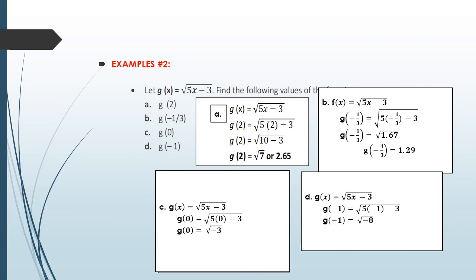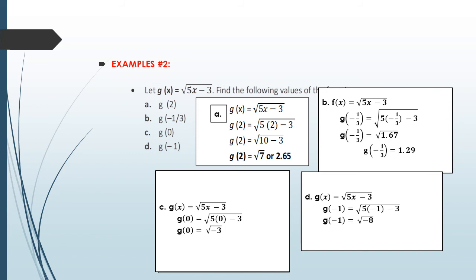At yun po yung 5 times 2 minus 3. So, 5 times 2, yun po ay 10 minus 3. Okay, so g of 2 is equal to square root of 10 minus 3. Yung minus 3, binabalang po ni ma'am. G of 2 is equal to square root of 7 or 2.65. So, that's the final answer in letter A.